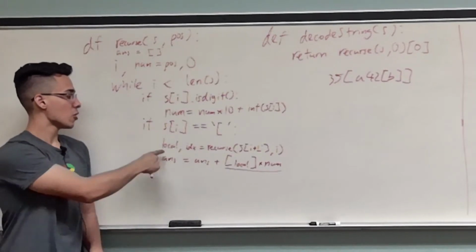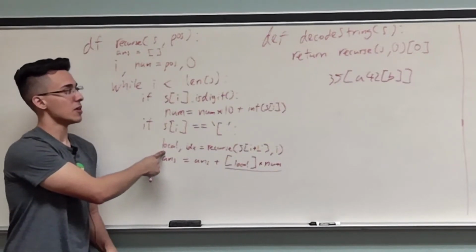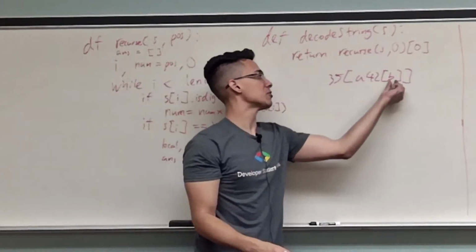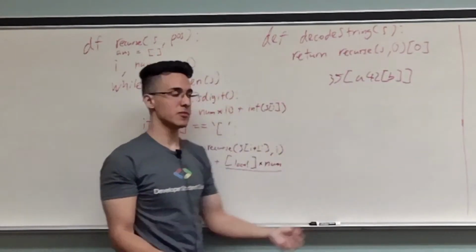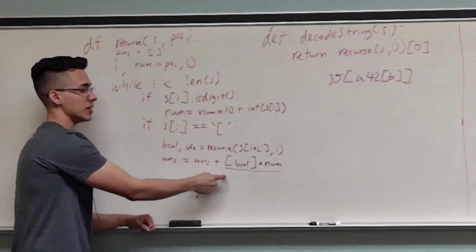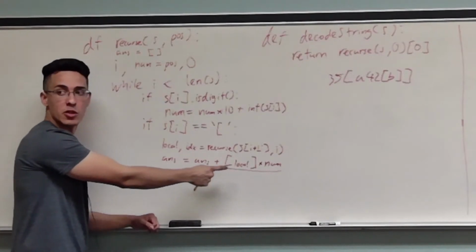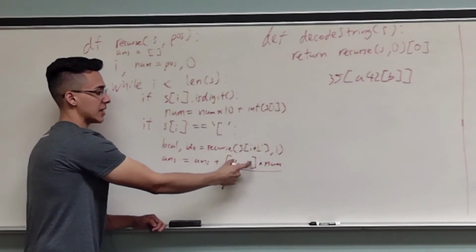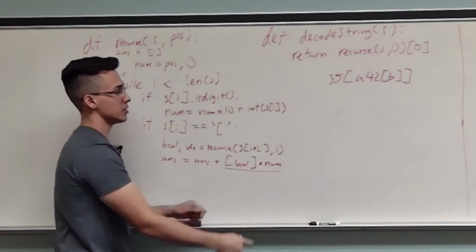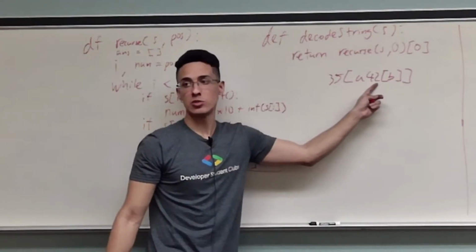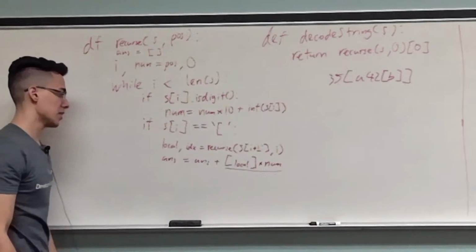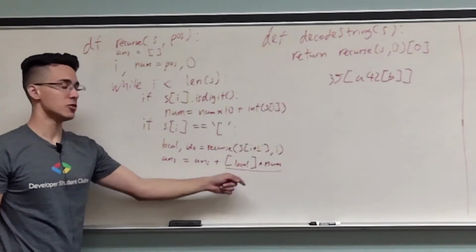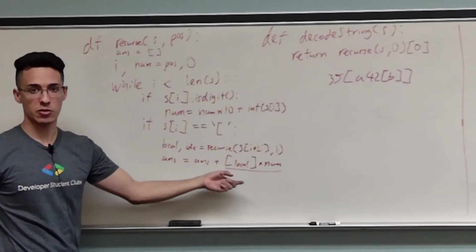All right. So local is a string, right? It's basically just what's inside the brackets. Okay. And we put it into another array, another list. And then we repeat that value in that list num times. So we're just repeating b 42 times. Okay? So it's going to be a list with 42 b's, and they're all strings or characters.